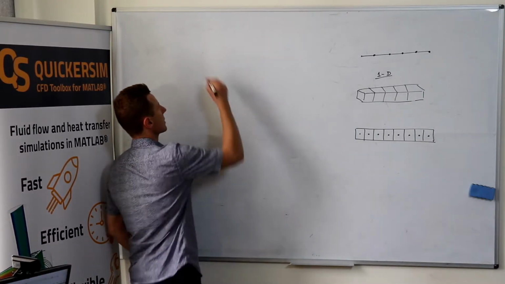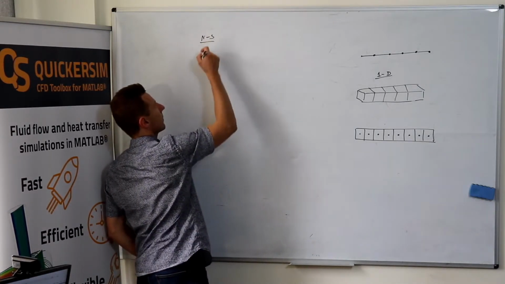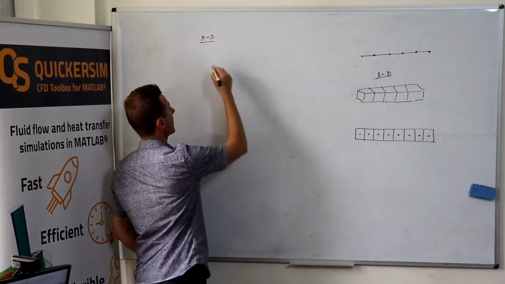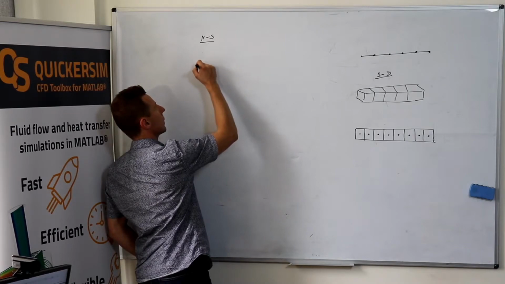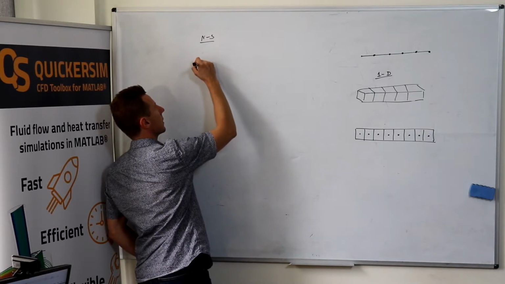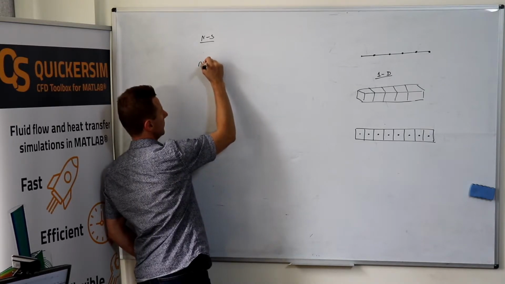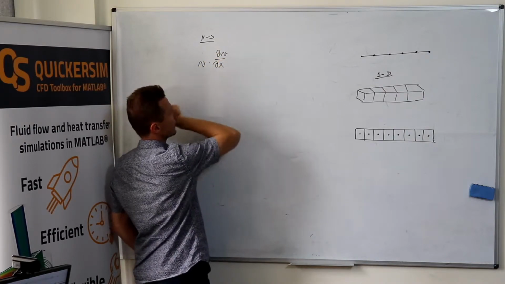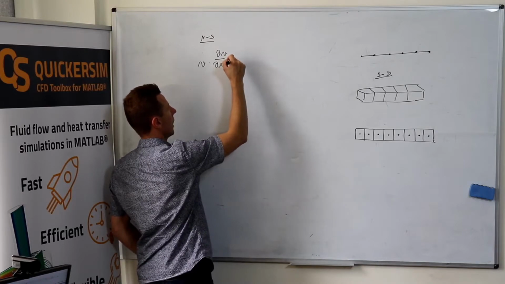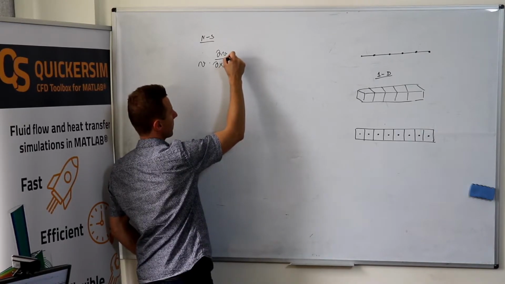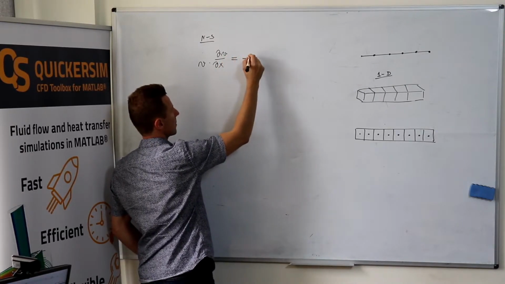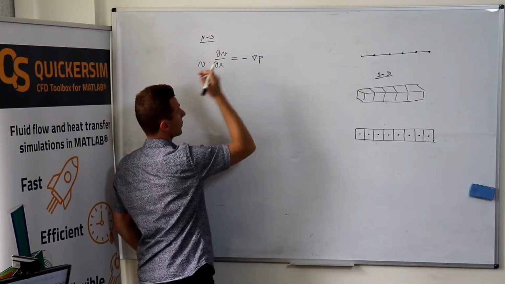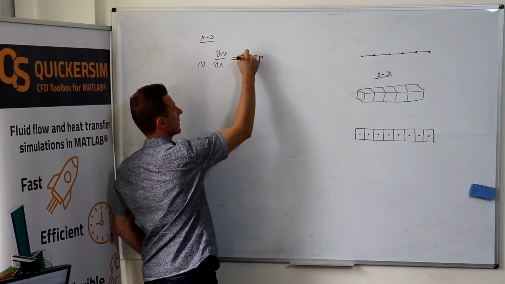If we want to discretize the Navier-Stokes problem, this means that, let's assume the steady case, we want to discretize velocity times dv/dx equals minus the pressure gradient, or maybe divided by density.